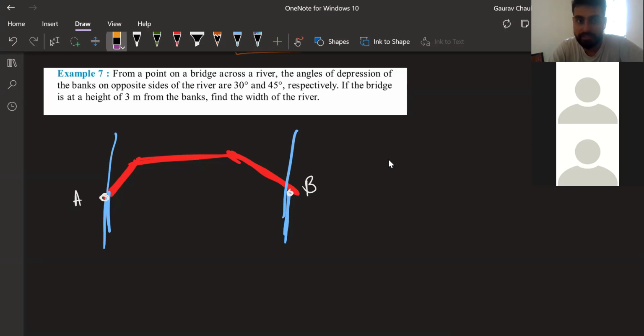Dilruba, okay with that? When I'm looking down at point A, I want you to imagine doing this. The angle of depression is 30 degrees, which means this is 30 degrees. Dilruba, okay with this?